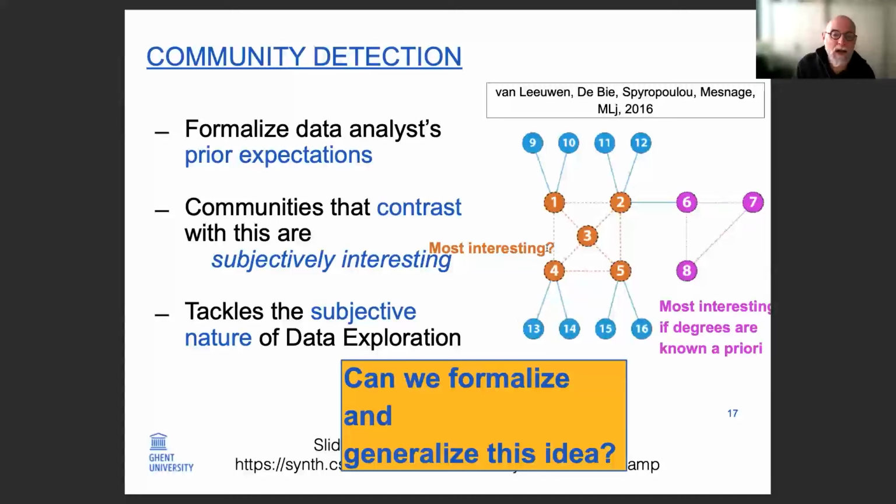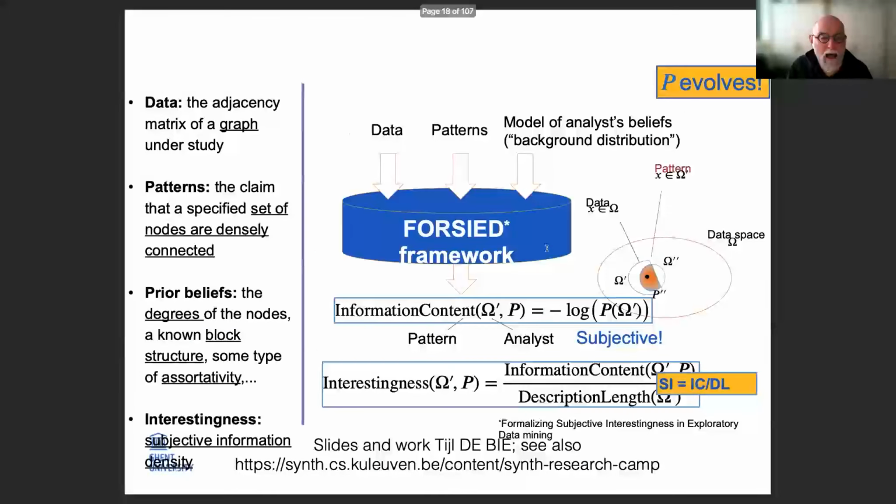For instance, if you already know the degrees of the nodes, then probably the most interesting pattern is not the orange one, but the purple one, because it's the most surprising pattern in there, according to the subjective interestingness that he would derive. So what's interesting is relative to what you already know, to your prior expectation. He's got all of that well defined.